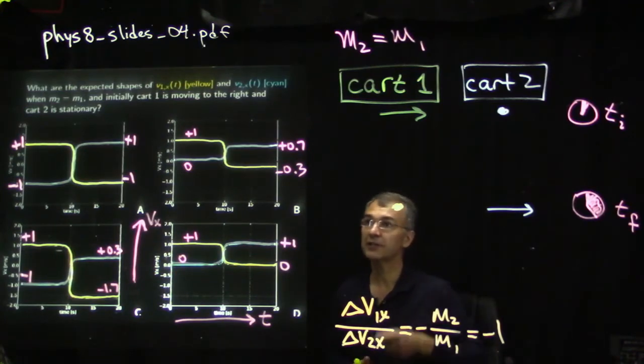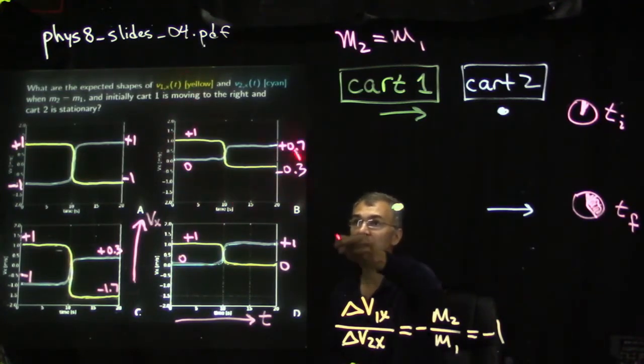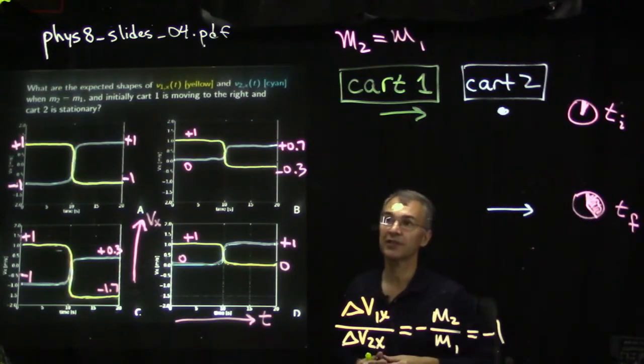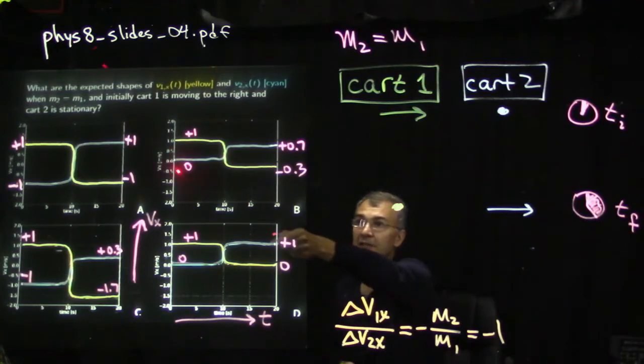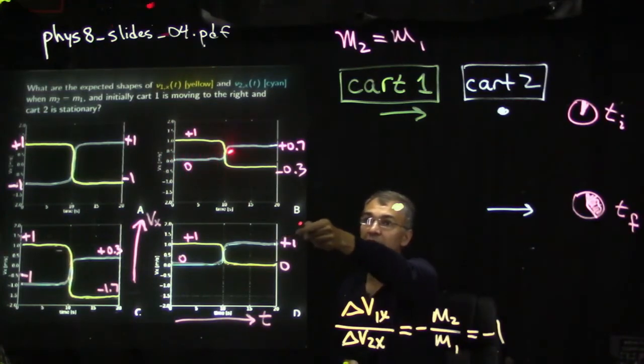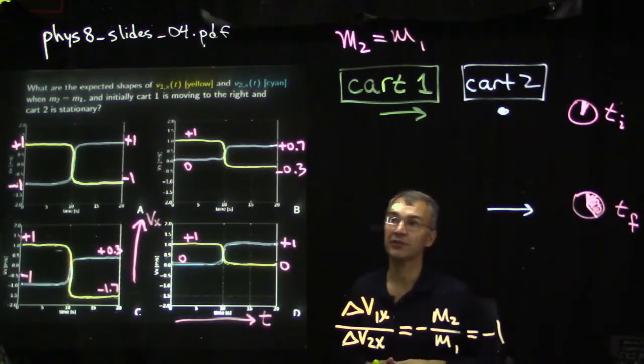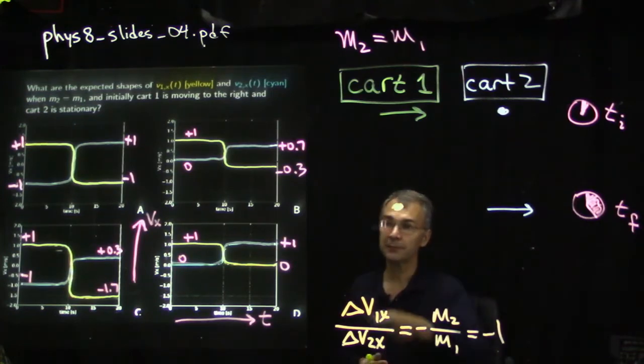So then we can look at the graphs, and let's look at graph B here. Cart 1 goes from +1 meter per second to minus 0.3 meter per second. That looks like a change of minus 1.3 meters per second. And then cart 2 goes from 0 meters per second to plus 0.7 meters per second. So that looks like a change of plus 0.7.